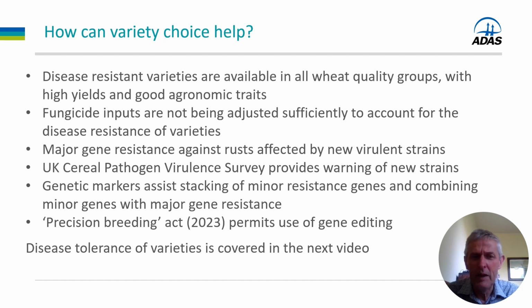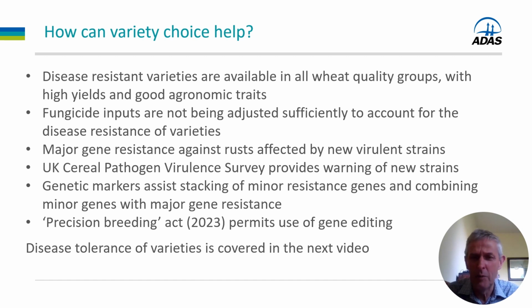And one of the main reasons for this success in plant breeding has been due to advances in DNA sequencing and very high throughput markers that can be used in the breeding program to identify whether particular breeding lines carry disease resistance genes.